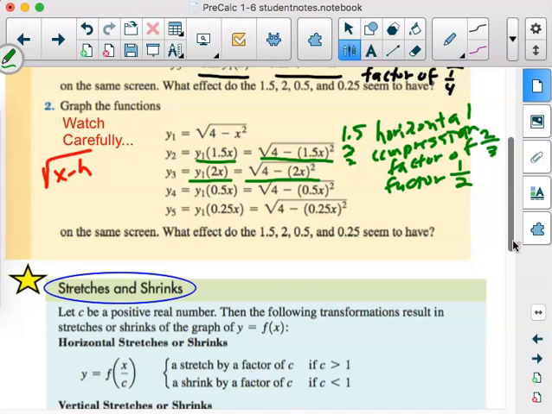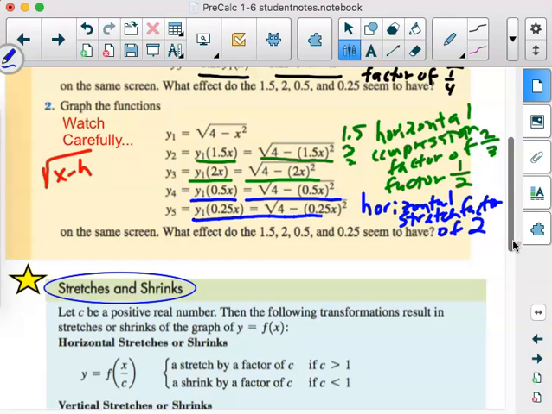And then for y sub 4, now I see that they've taken that 0.5 and multiplied that by x. So I think, okay, if that was 0.5, that's 1/2. That means they divided it by 2. So this is actually a horizontal stretch factor of 2.